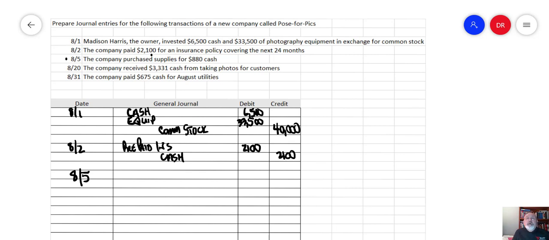And if you know what kind of account you have, you'll know what the normal balance needs to be. Prepaid insurance is an asset. Supplies are also an asset. So we put in supplies with a debit because they're increasing, $880. And you're paying for it with cash, so you credit that here, $880. All right. That's August the 5th. Okay.